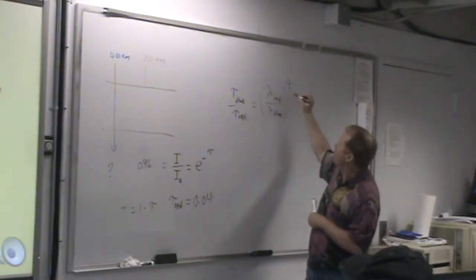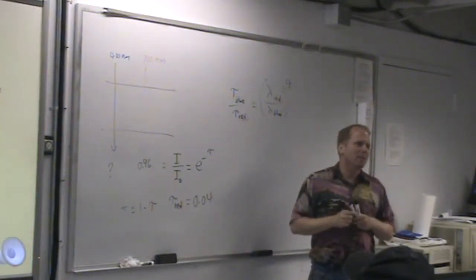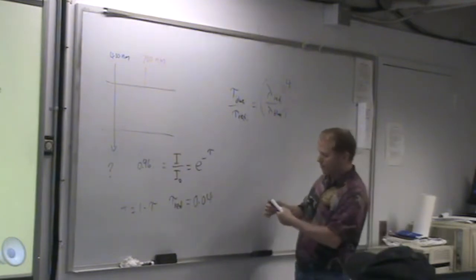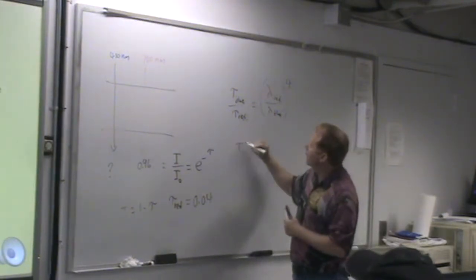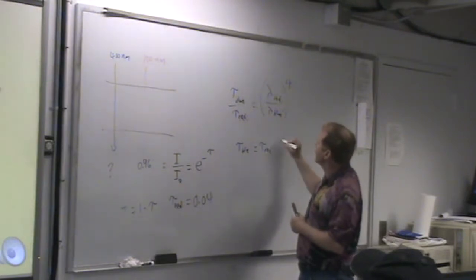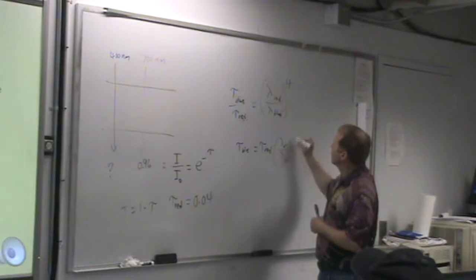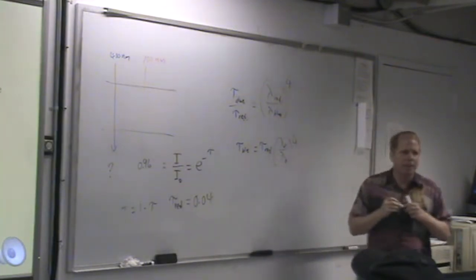Yes. Do we have wavelength in the red? Yes. Wavelength in the blue? Yes. We only have to figure out the optical depth in the blue now. So optical depth in the blue is going to be optical depth in the red times wavelength red over wavelength blue to the fourth power. Plug everything in.